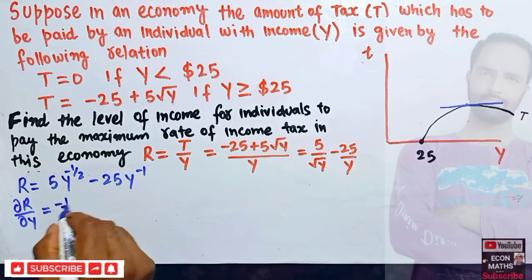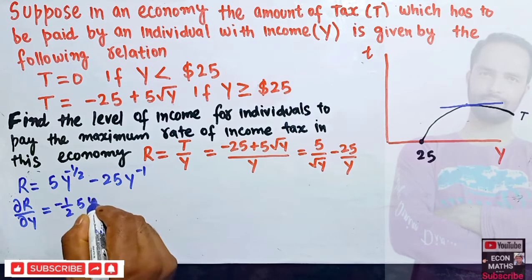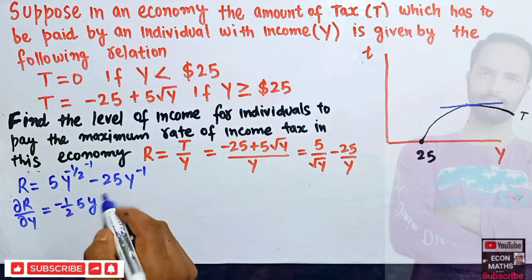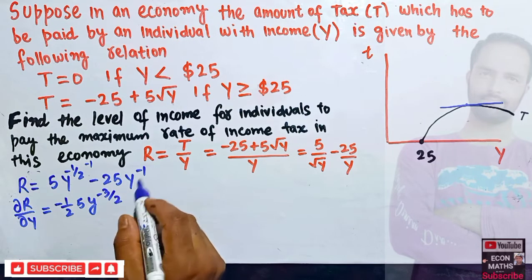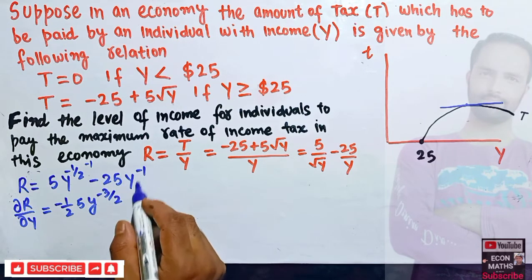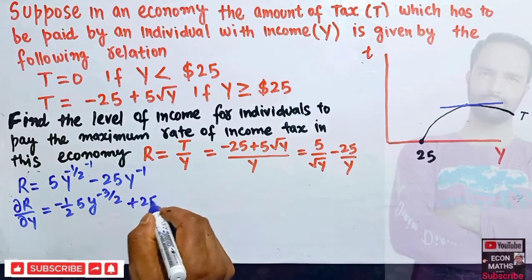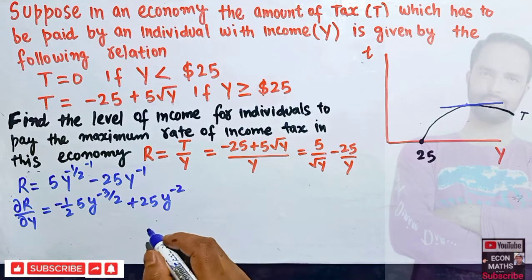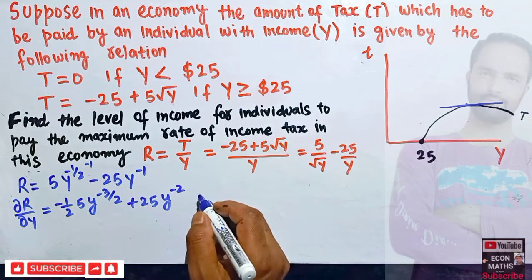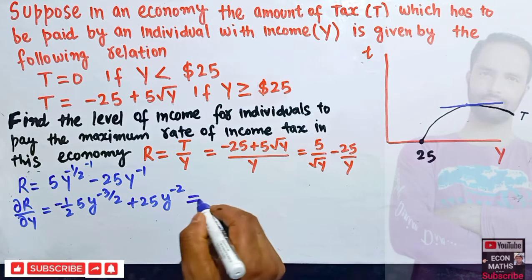So we have minus 1 upon 2 times 5 y raised to the power minus 1 upon 2 minus 1, which is minus 3 upon 2. Then minus minus is plus, so we have plus 25 y raised to the power minus 2. Solving this, it should be equal to 0.